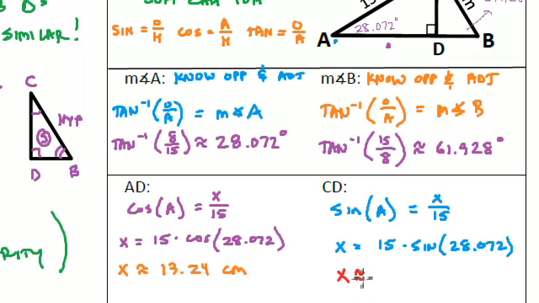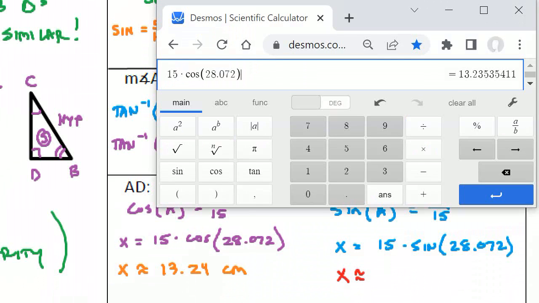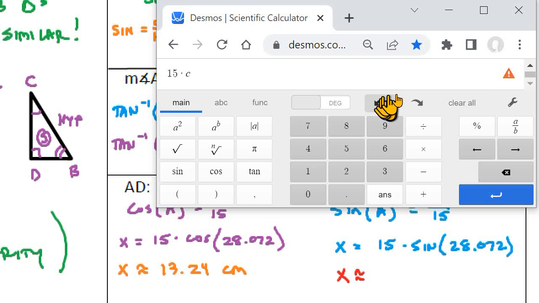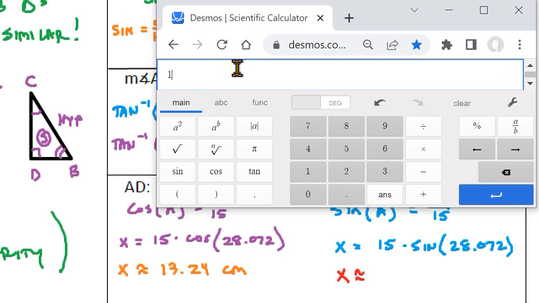X is approximately, let's change this to sine. 15 times the sine of 28.072.